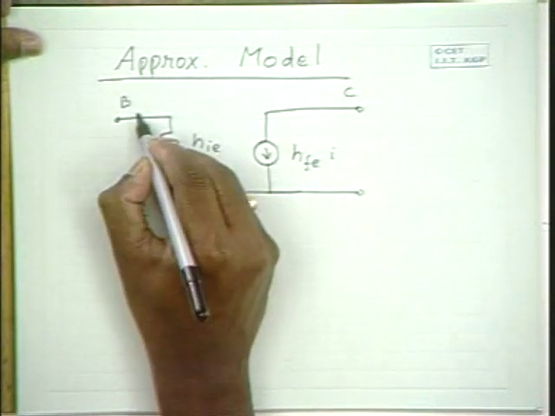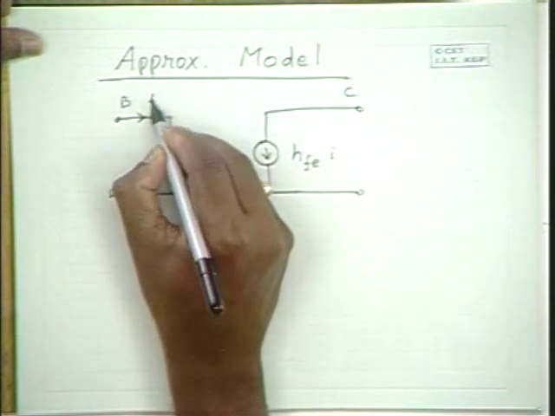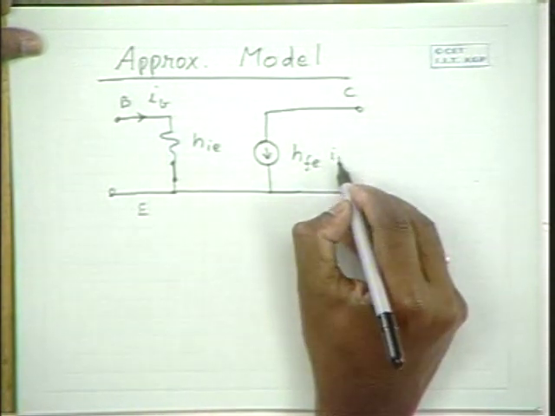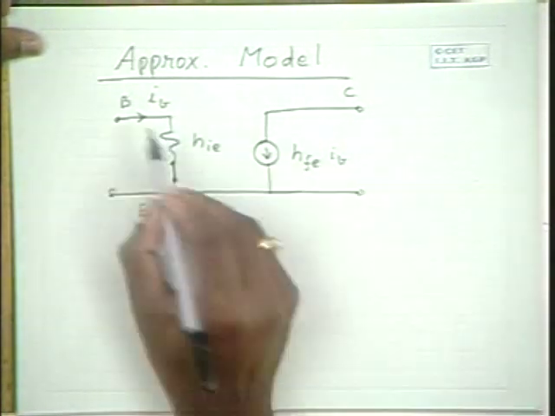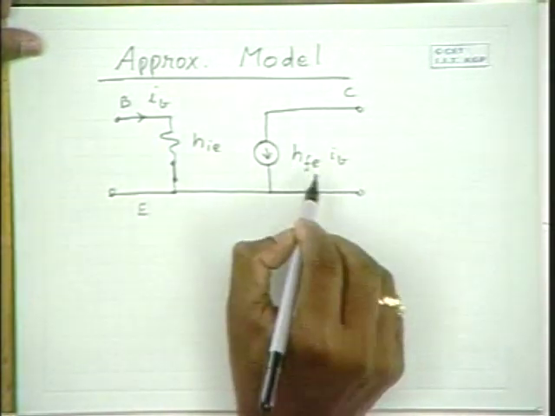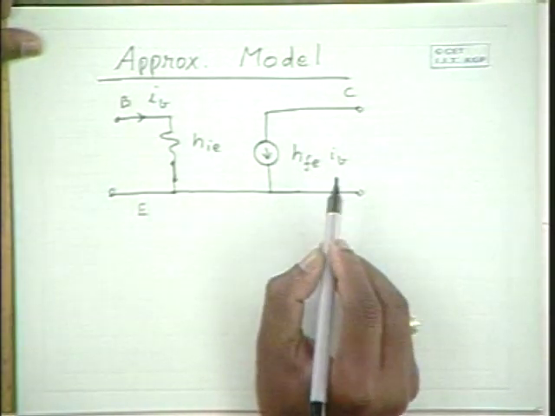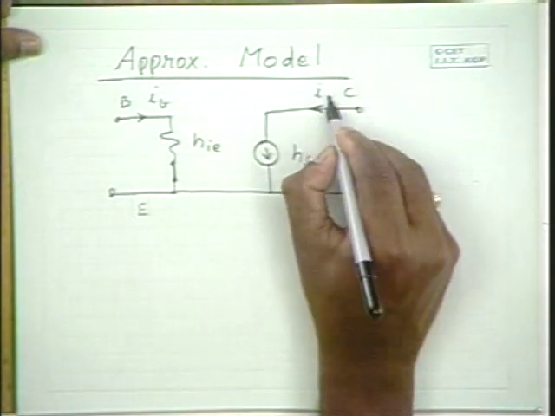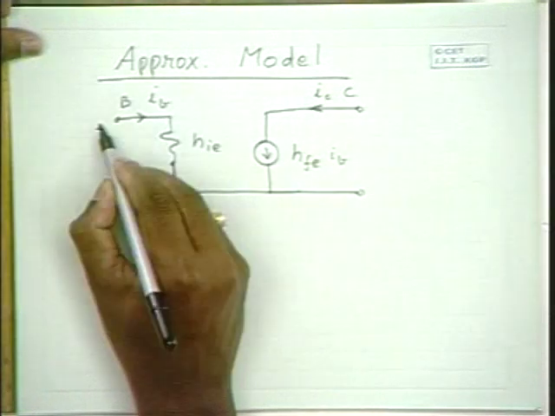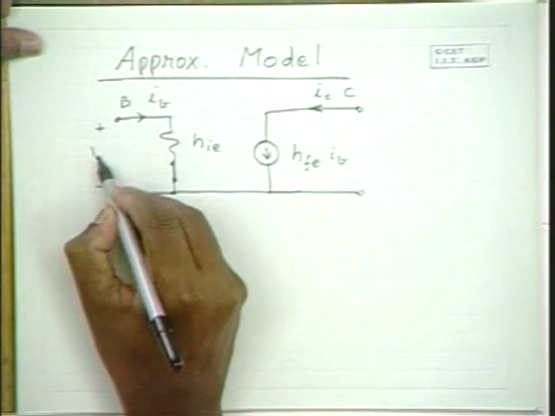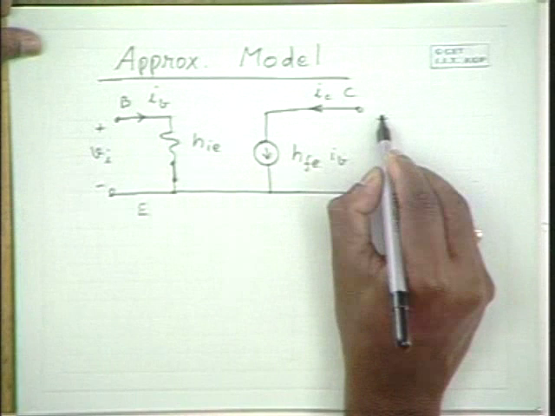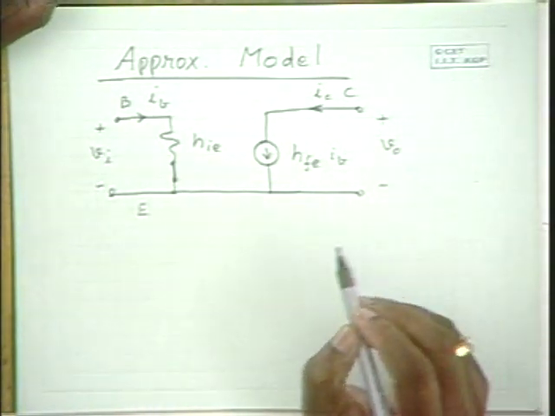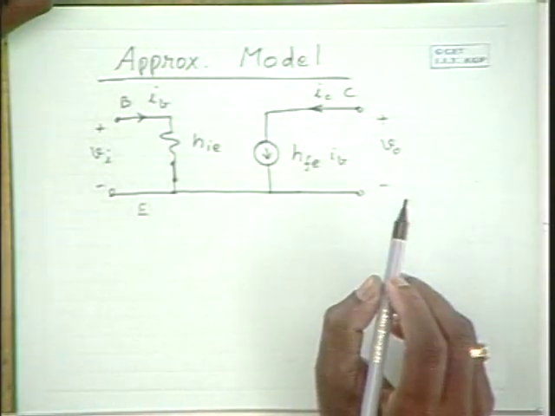And if you represent the input current by the base current IB, please note that this becomes HFE IB, or if you indicate this by II, it is HFE II. So this is IC, this is VBE or VI, this is output voltage V0. So this is the approximate H parameter model.